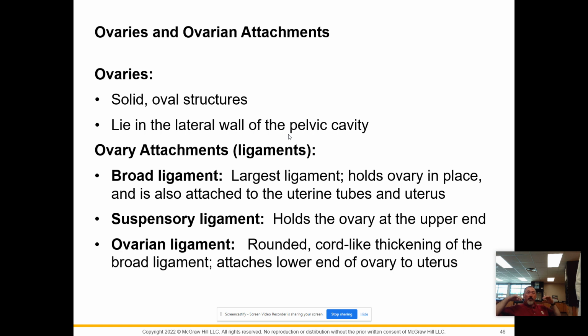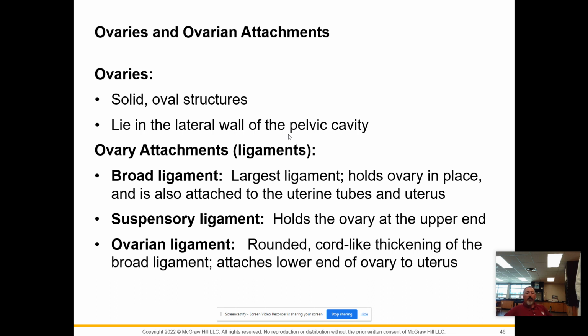So if you go to the inside of the actual hip muscles, the ilium and the ischium, this area is going to have a lot of ligaments, 3 different ligaments that are going to be involved in helping hold the ovary in place. So we have the broad ligament. This is the largest ligament.